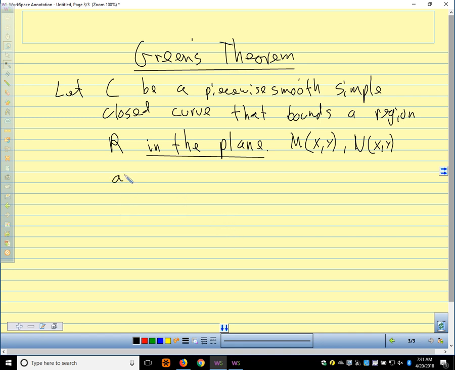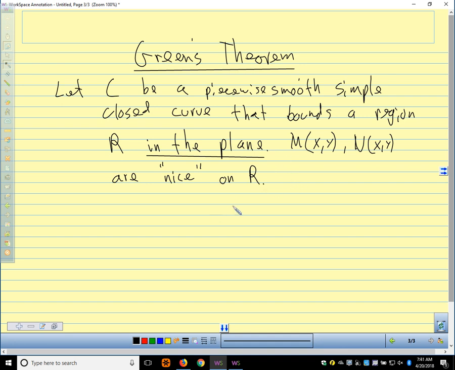So I'm just going to say they are nice. We don't have any strange functions, and that's in our region. They could be not nice outside the region as long as they're nice inside the region.